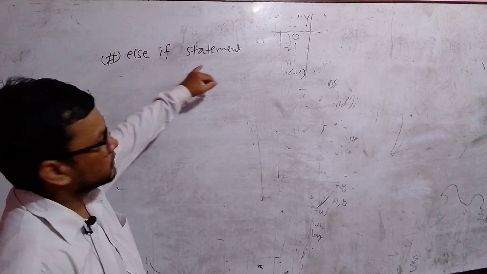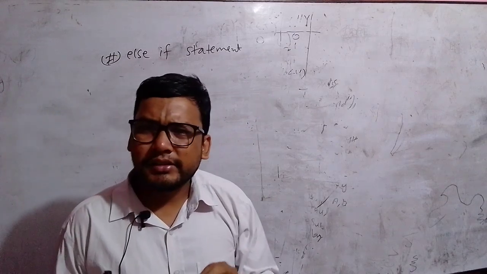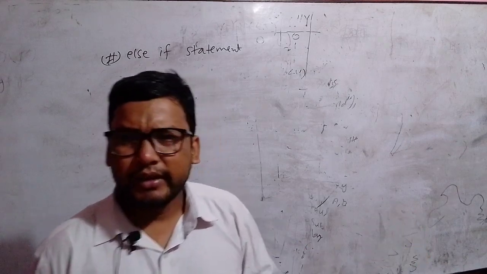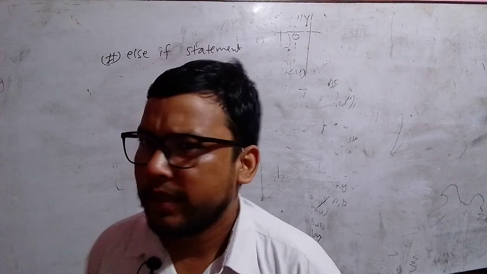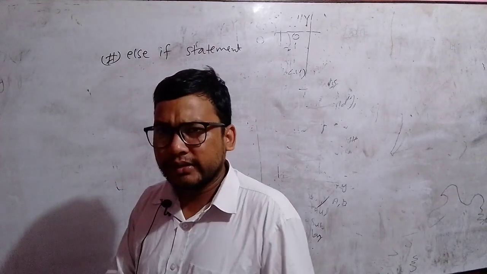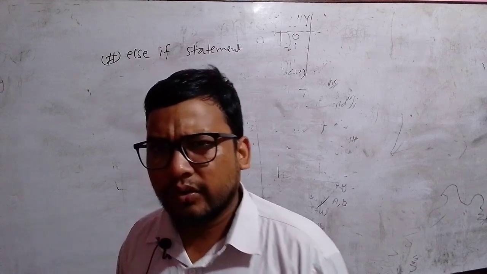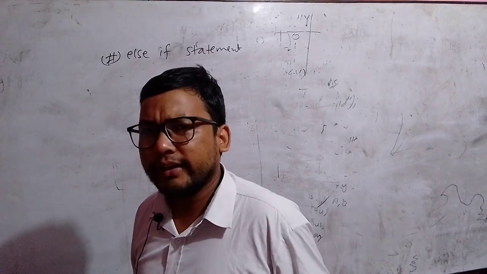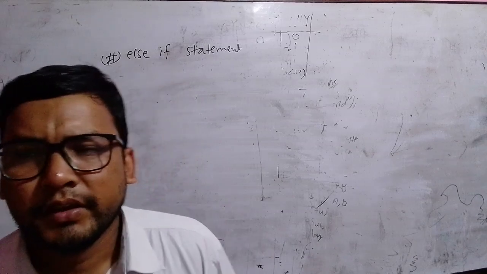The else if statement also contains the if statement. The if is compulsory for all of the statements. That means if itself contains the if statement, else also needs to come with the if statement, and else if again contains the if statement, at least one if statement.